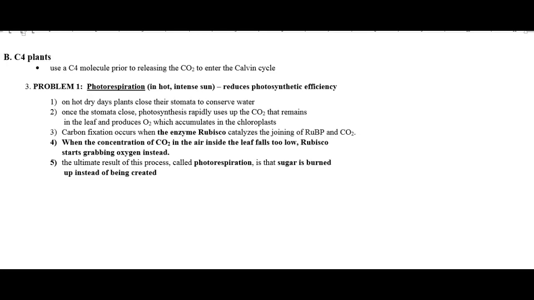Once the stomata close, here starts the problem, photosynthesis rapidly uses the carbon dioxide. Okay, that starts the problem there. It uses up the carbon dioxide that remains in the leaf and produces the oxygen, which is going to accumulate inside the chloroplast.